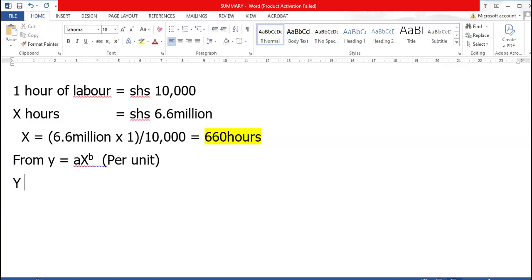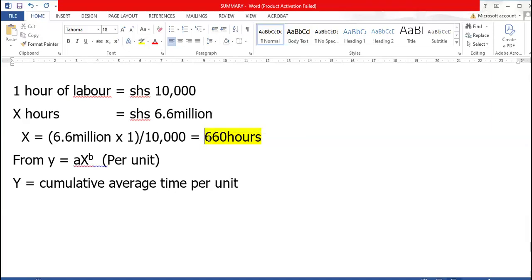Y is the cumulative average time per unit. The total time, but per unit. This is not the overall.